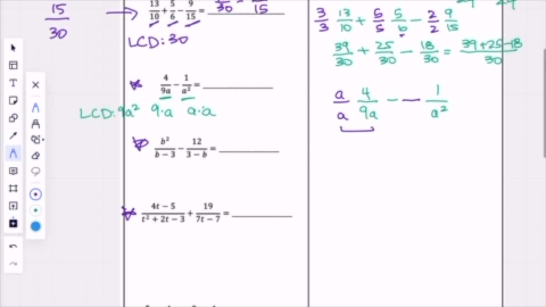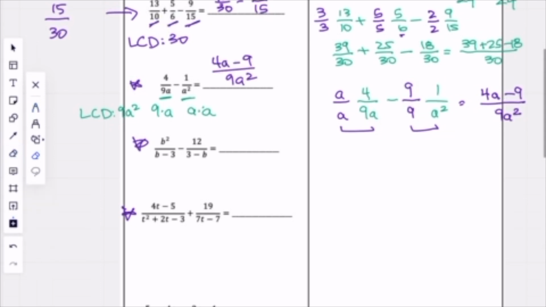For the second term, we're going to multiply by 9 over 9, and that's going to give you 9a squared in the denominator there. All right, so multiply and simplify. We're going to end up with 4a minus 9 all over 9a squared. Looking for some common factors all the way through, and I don't see a single thing. So we're just going to leave it like that.